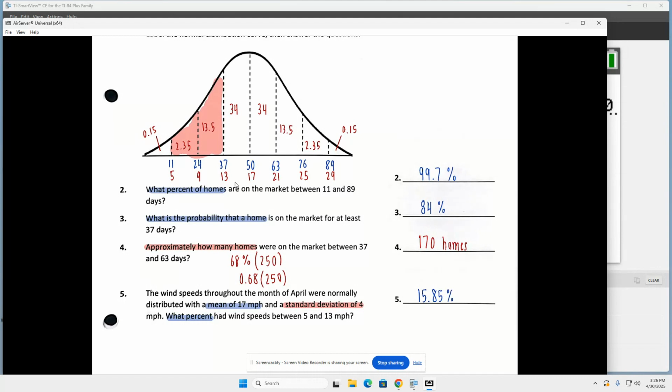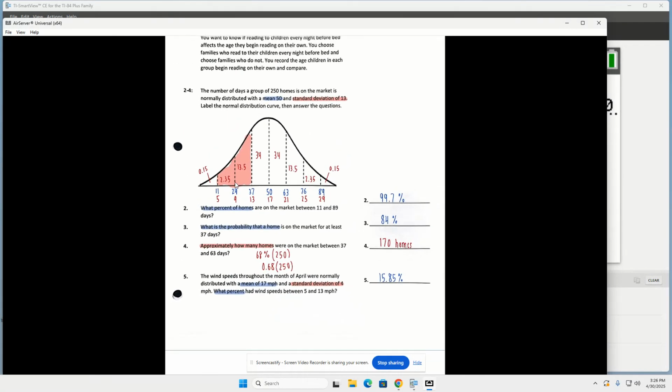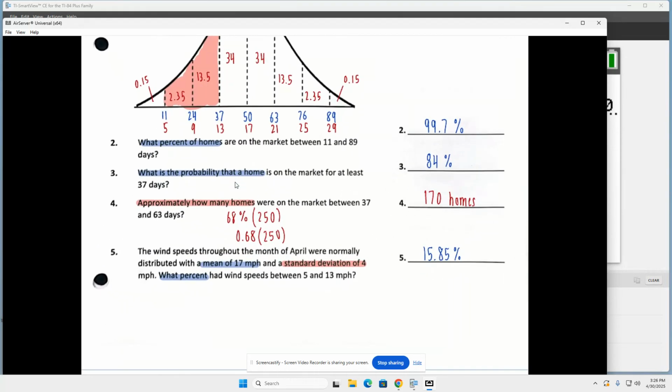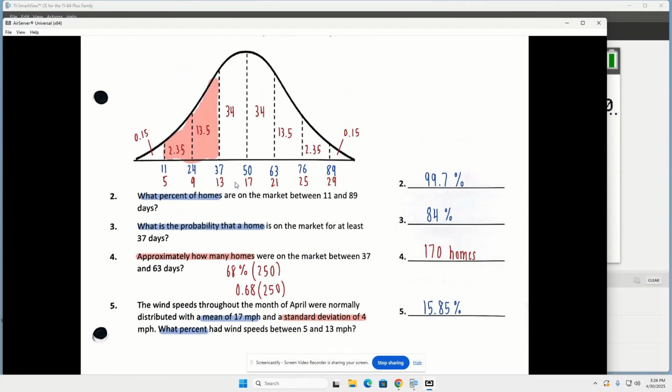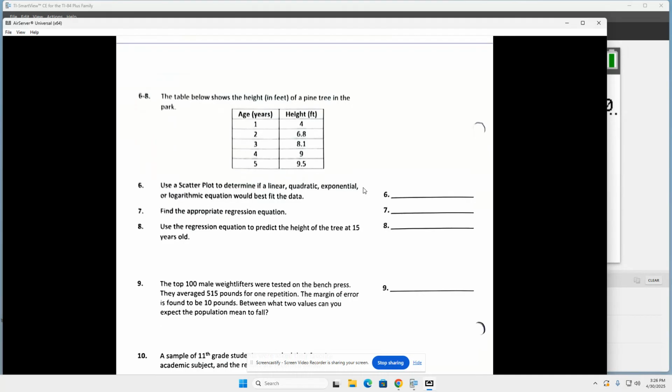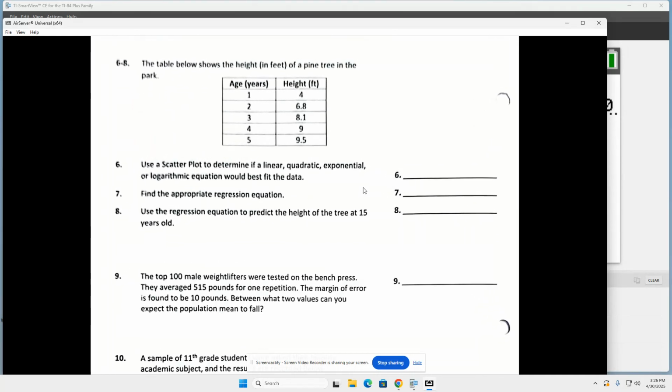If it's a decimal like that, I want you to leave the decimal and move on. That is your answer. Okay? So on the test, if you come across one where you are able to use the same drawing that you've done above, but just with different means and different standard deviations, then just write that underneath and just go through the same process. All right, let's flip it over to the back of that one.